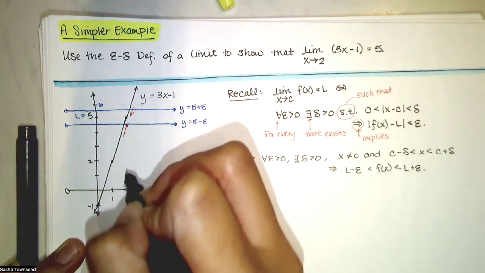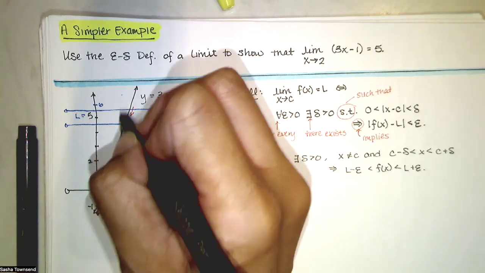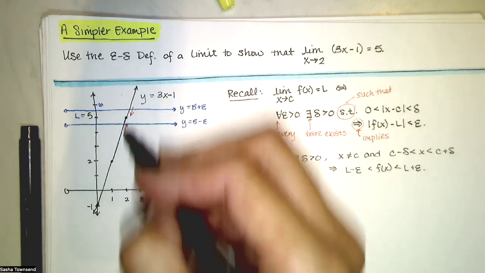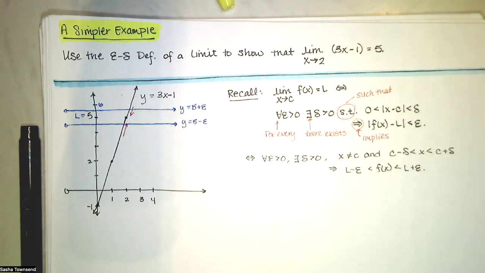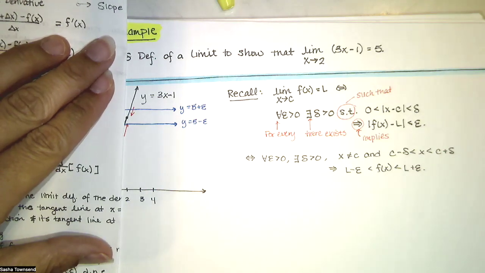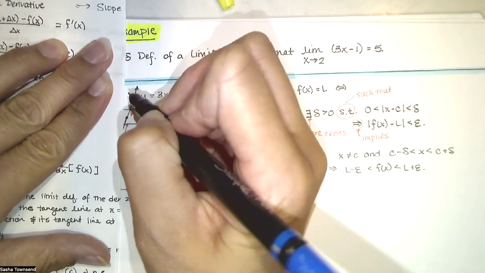And we'll also draw a couple of lines here where our horizontal lines intersect the graph. It's going to be a little bit difficult to see, but we'll do the best we can.